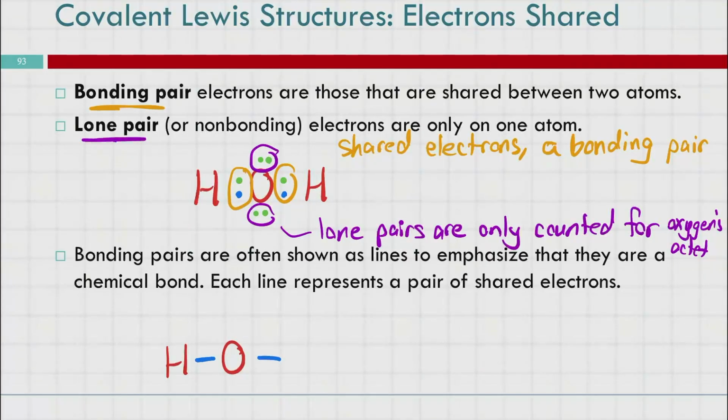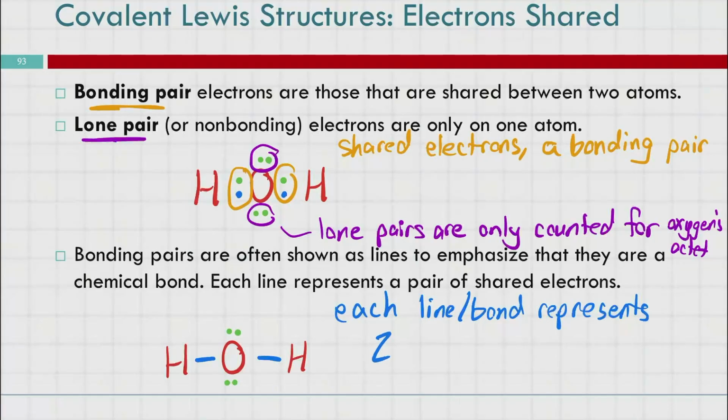It's fewer dots to look at, but you have to remember that each of those lines represents 2 electrons.